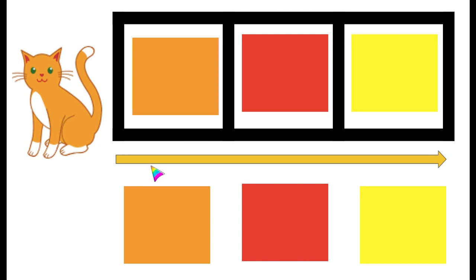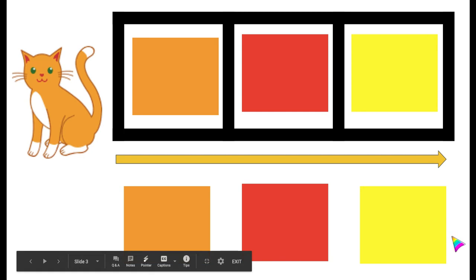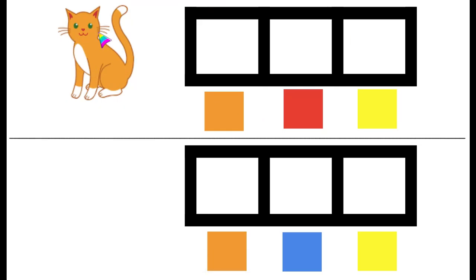So now I'm going to see if you can figure out that middle sound that needs to change to make a new word. So we have our cat here again, and we already know that this is k, a, t. Cat. Now what if I wanted you to change that into another word?